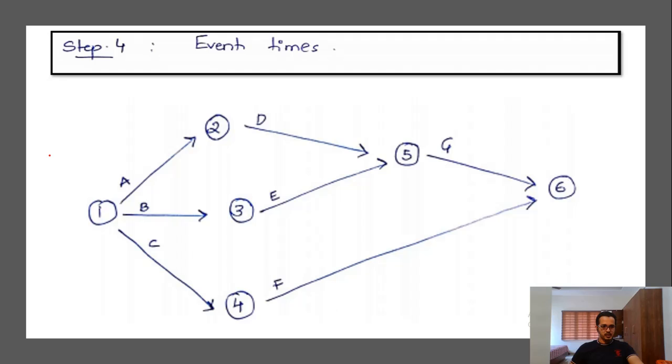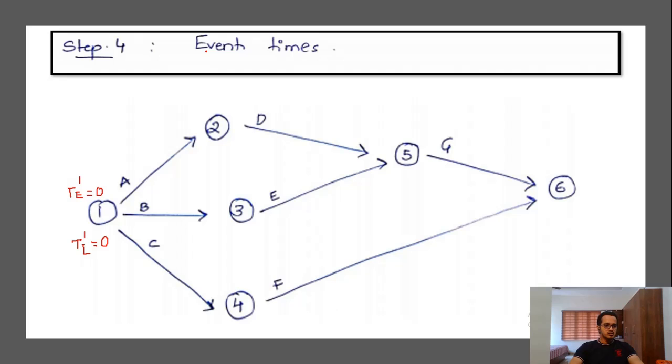I'll just explain the method. For all the events we have two event times, that is TE and TL. TE1 will be 0 and TL1 will be 0.